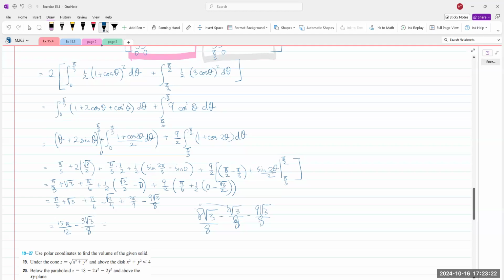Reduced by 3, that will be 5 pi over 4 minus 3 over 8. Yeah, that's the answer. Okay, now you see that if I don't organize my work, I will have a very hard time to check my work, right?